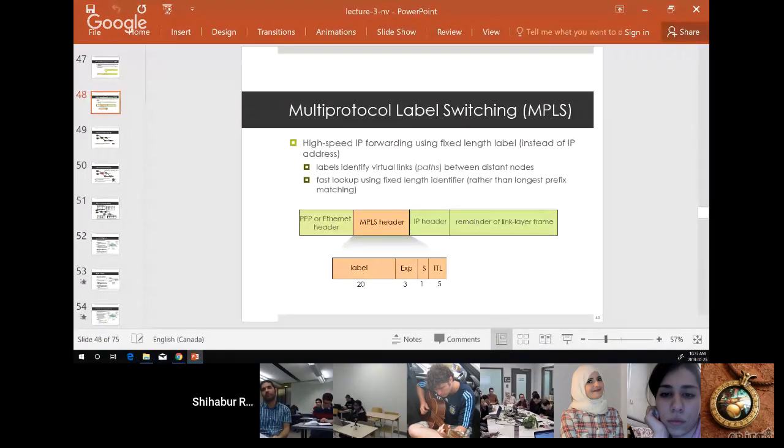Because it's a fixed size field, the decision how to forward the packet can be done much faster, since we're talking about a fixed size matching. These labels are decided in advance and added to the packets. When the packet is received, we just look at the label instead of the destination IP address, and the label tells us how to forward the packet further. This is like creating a logical tunnel between MPLS-enabled switches, where packets are routed only based on label as opposed to destination IP address. That speeds up the forwarding process, and that's why I say it's high-speed IP forwarding.